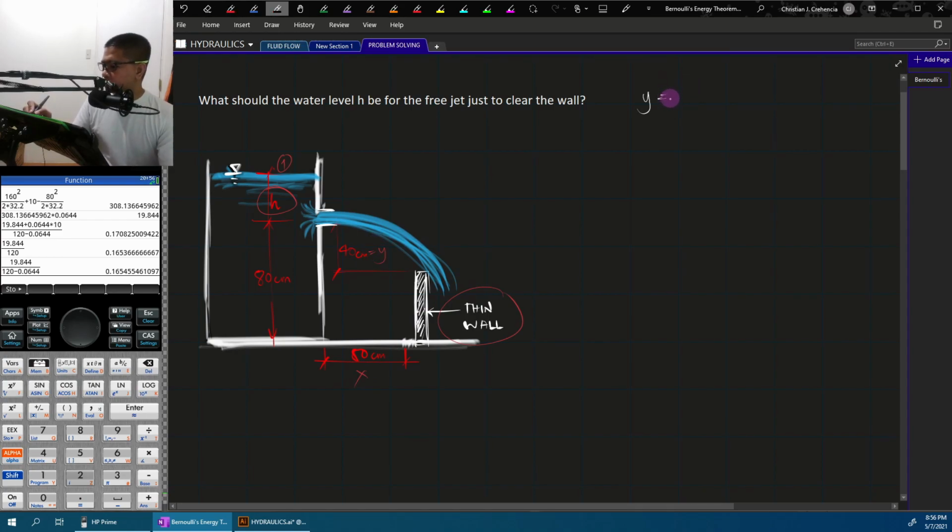Okay, if we recall, y is equal to x tangent theta, then minus, if I remember correctly, g squared. So it's really hard to remember. Here is 2v squared cosine squared theta. This is x squared, if I remember correctly, no?